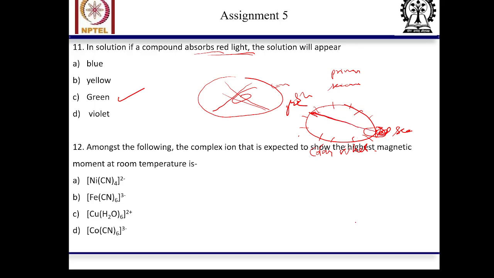Among the following complexes, which is expected to show the highest magnetic moment at room temperature?